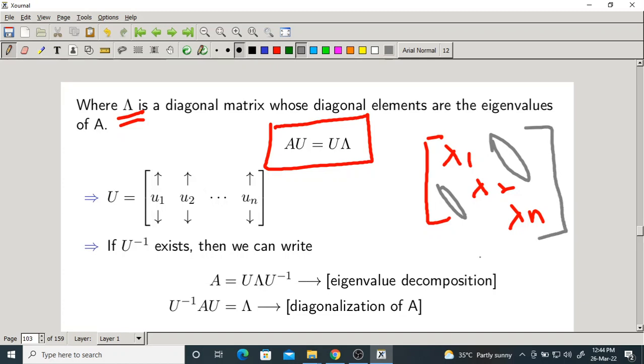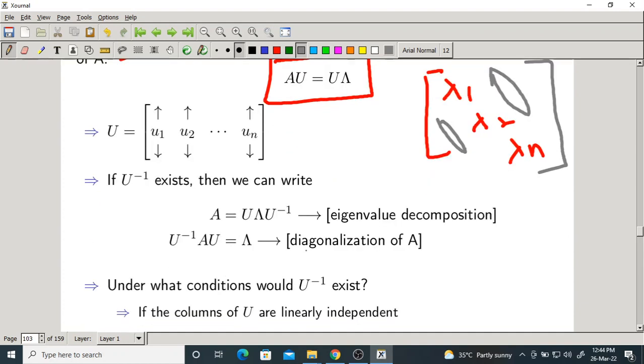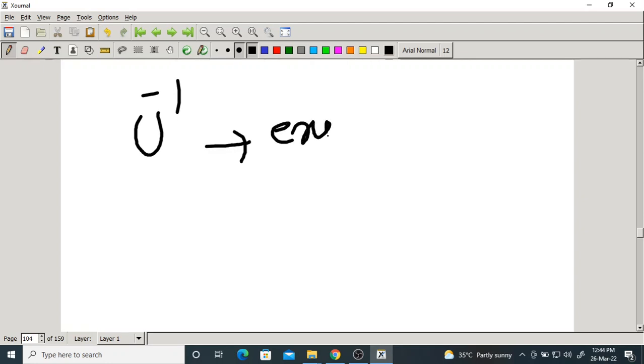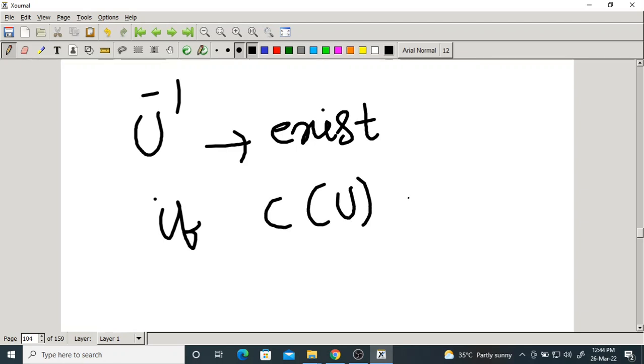Now, if U inverse exists, let me write: when do we get an inverse? When can a matrix have an inverse?